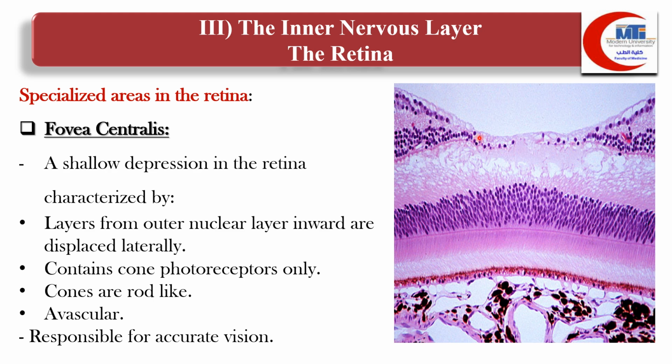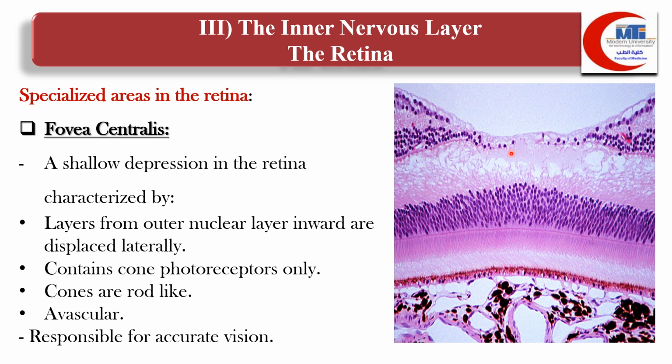The fovea centralis is a central rounded depression in the macula lutea. This part is characterized in that the layers from the outer nuclear layer inward are displaced laterally, as we see in the picture.